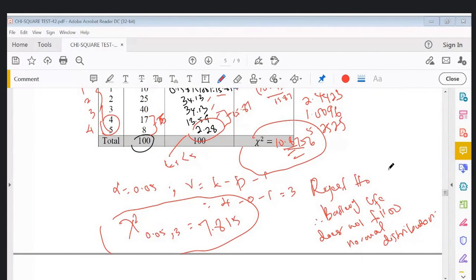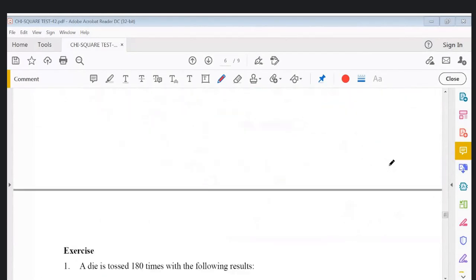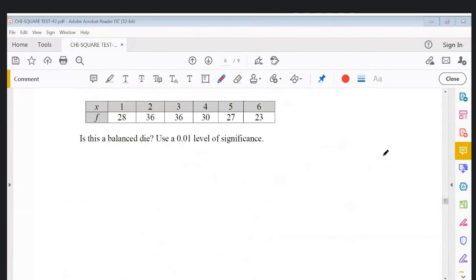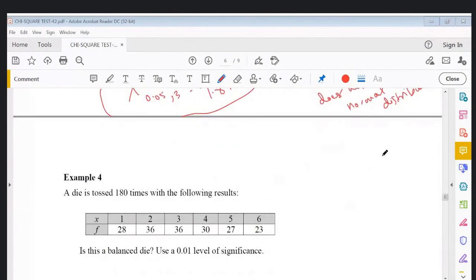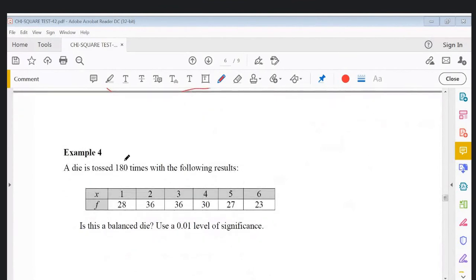Okay, we go to the last example. A dice is tossed 180 times with the following results.